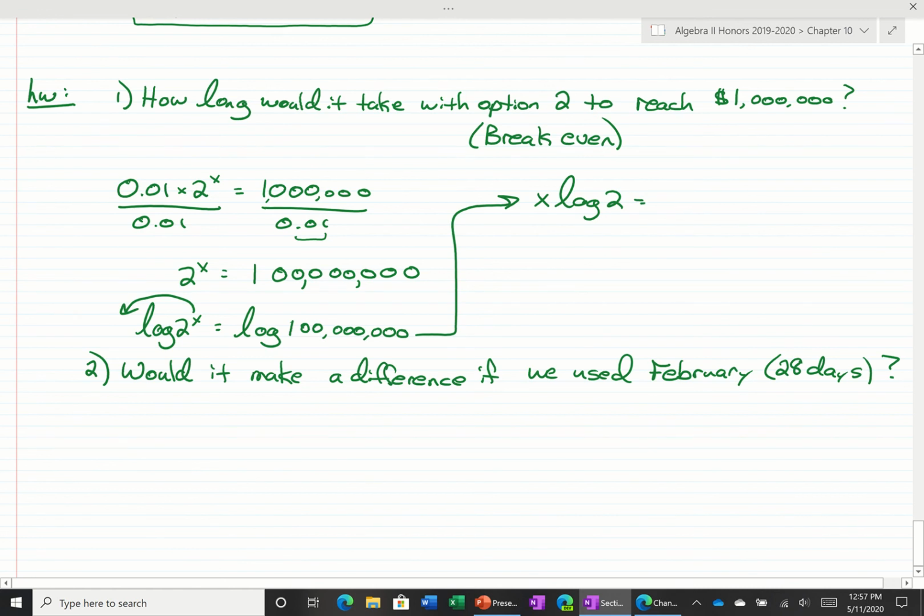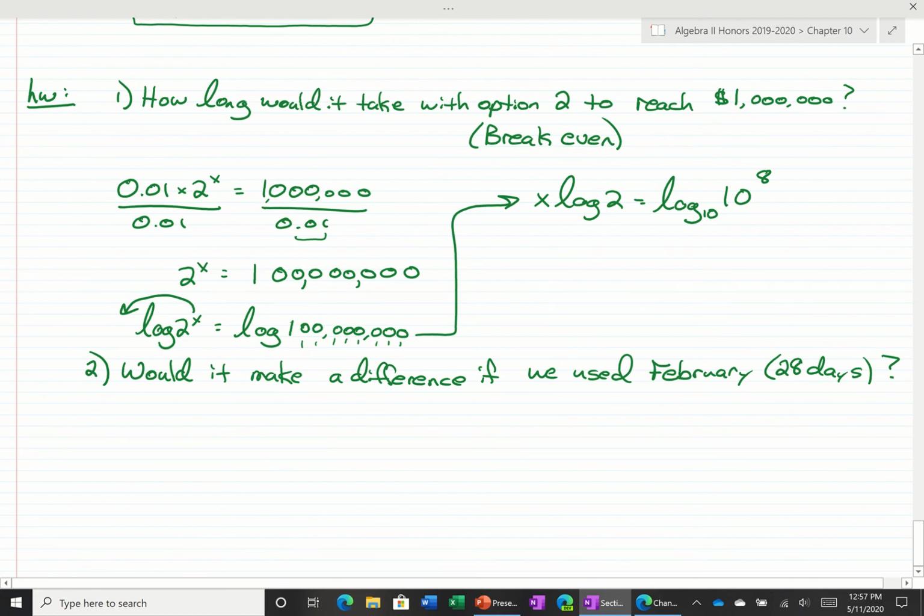And that's going to equal log base 10 of 10 to the 8th power, because we had 8 zeros: 1, 2, 3, 4, 5, 6, 7, 8. So 100 million is really just 10 to the 8th.